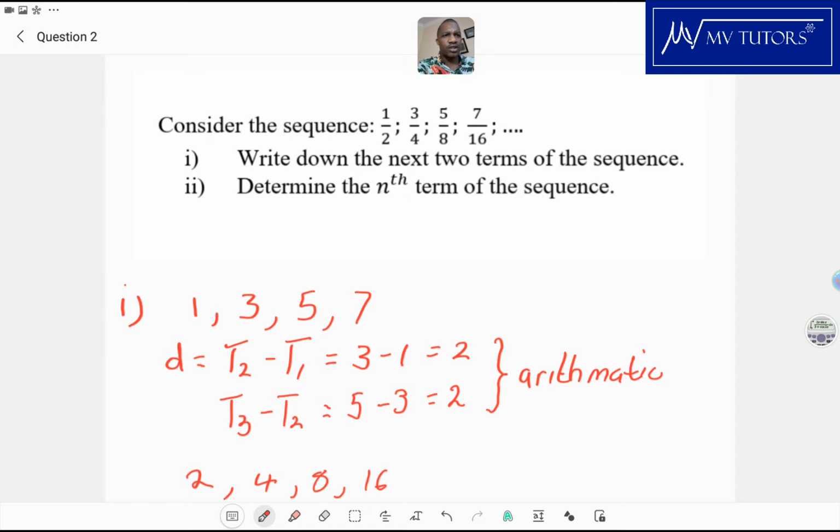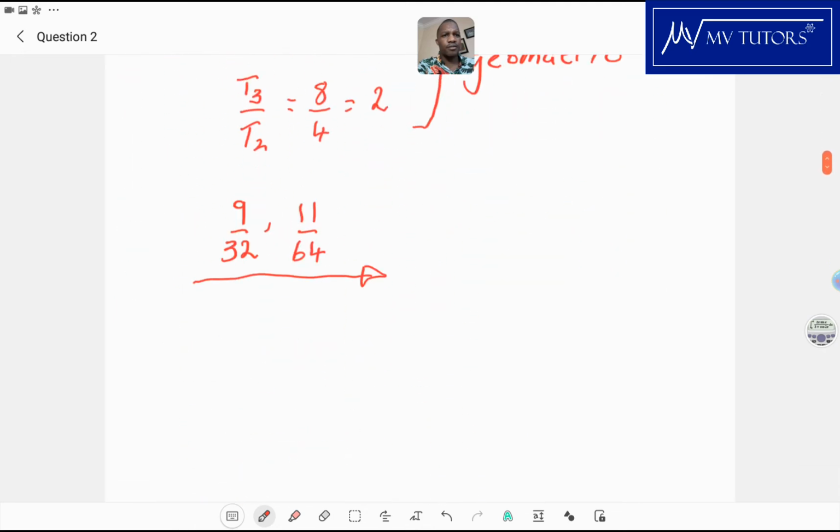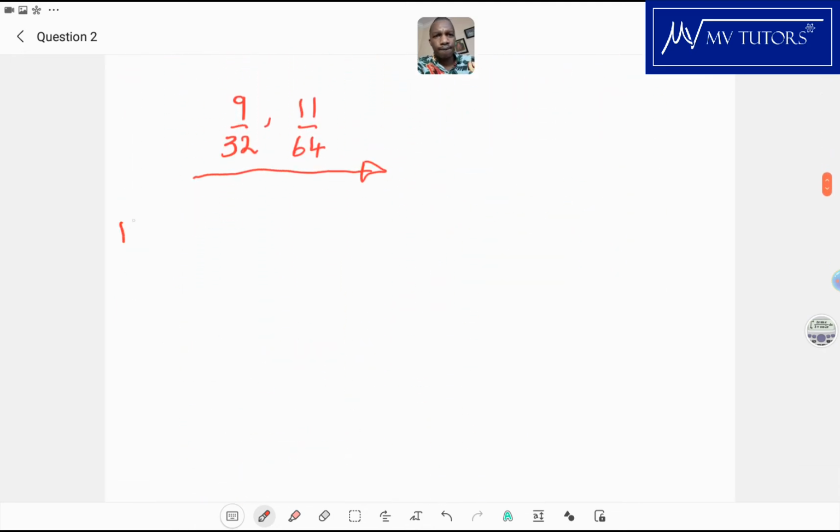Now it says determine the nth term of the sequence. That's part 2. Let's start with the arithmetic part.